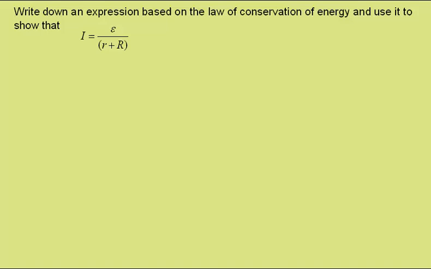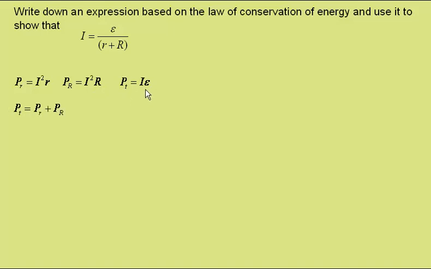Write down an expression based on the law of conservation of energy and use it to show that this expression holds. Well, if I copy the expressions from previously, the power dissipated in the internal resistance was given by this, the power dissipated in the external resistance by this, and the total power by this.